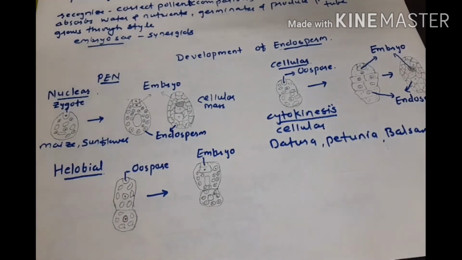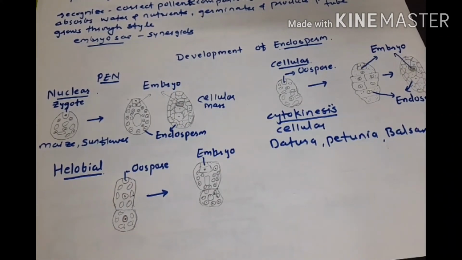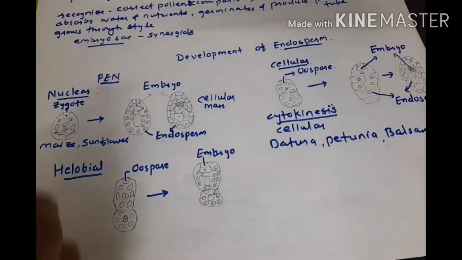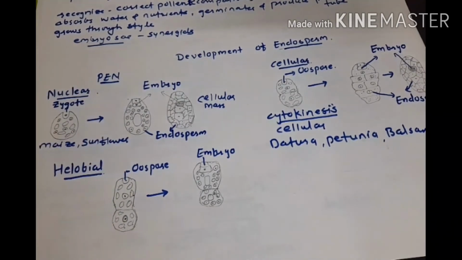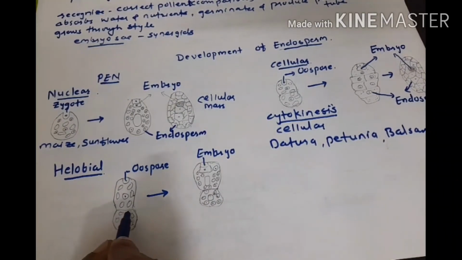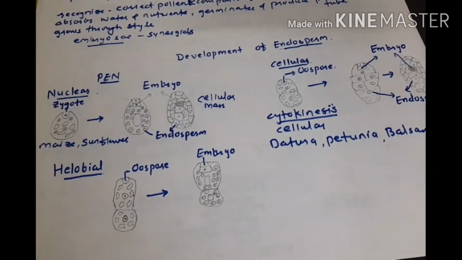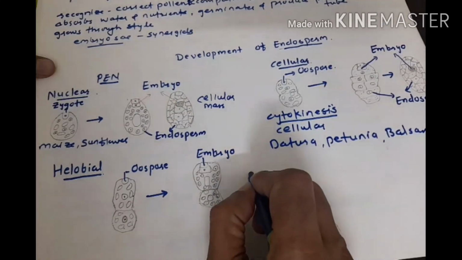In both cells, the further development of endosperm is of nuclear type. Wall develops between the nuclei in the micropylar chamber. This type of endosperm development is seen in plants belonging to order Helobiales.